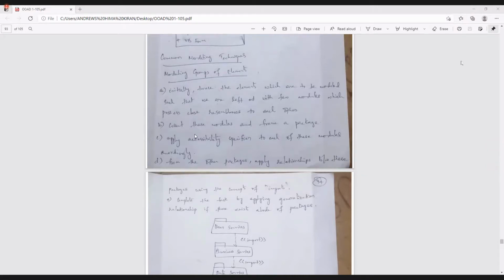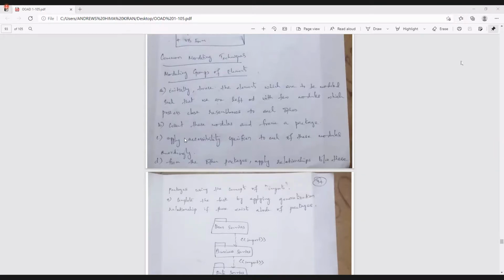Now, what is the meaning of this particular point is, for example, if you consider a design or a model, that entire design, that means railway reservation system. We can divide that entire railway reservation system into use case diagrams. For a customer, we can represent a separate use case diagram.